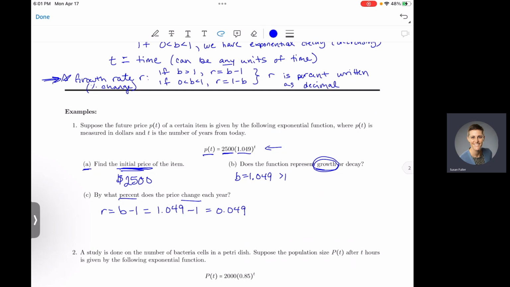This is a percent written as a decimal. And so what that means is that the price changes by 4.9% each year. That is how fast this exponential growth is growing, by 4.9% each year.